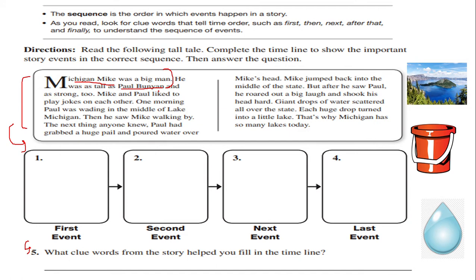Anyway, let's continue. Mike and Paul liked to play jokes on each other. So what did they do? They liked to play jokes. One morning, Paul was wading in the middle of Lake Michigan. So what was Paul doing? He was walking through the water through the middle of Lake Michigan.